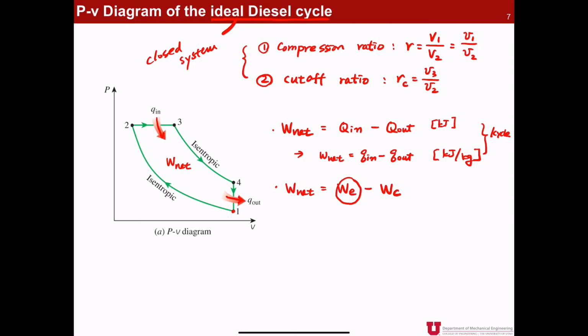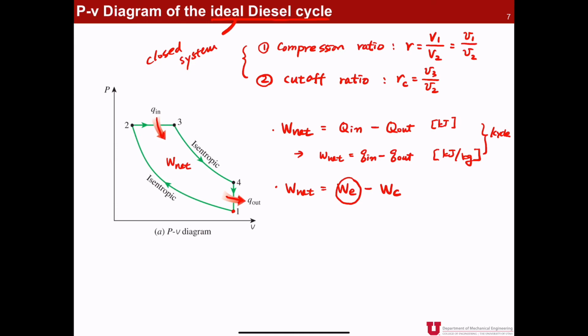And you have further expansion work during the process 3 and 4. Okay? So that is the key difference from the spark ignition engine, because in the spark ignition engine, your expansion work only has one term, which is due to the expansion process. But in the diesel cycle, you have two terms for expansion work.